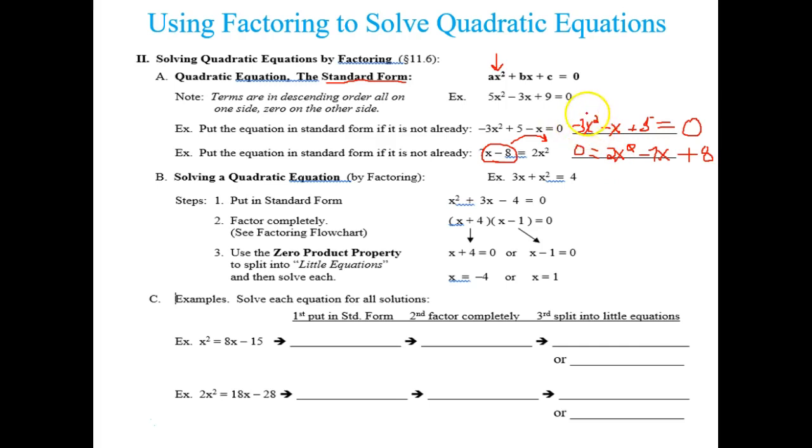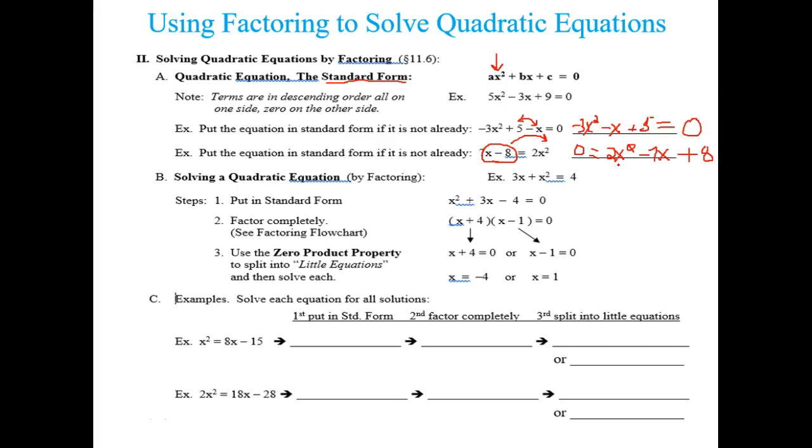Now, in the first case, I didn't bother to do that because we were just switching these two terms around here. We were just switching the 5 and the minus x. But here, if I'm going to move something over, I might as well just get it so that the highest degree term, my squared term, is positive.